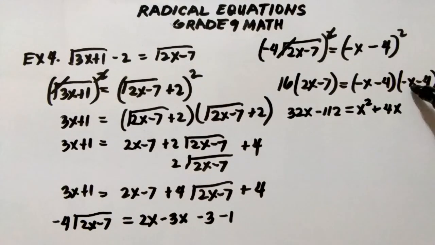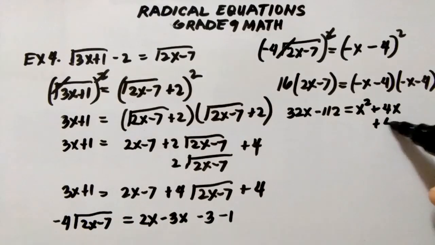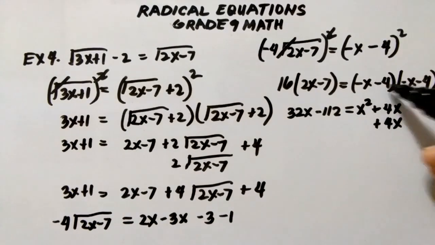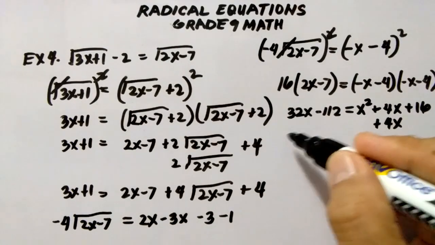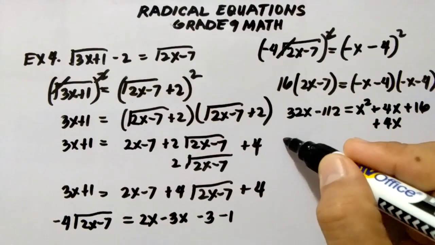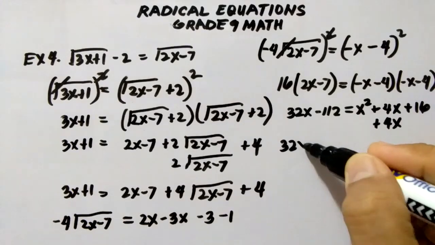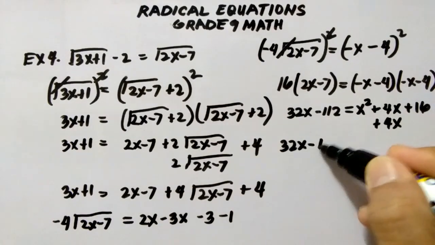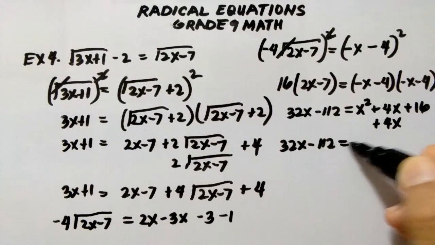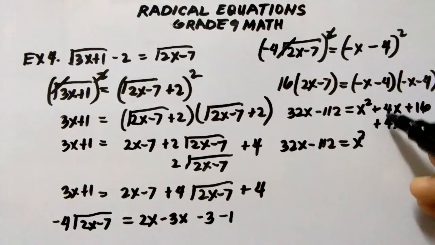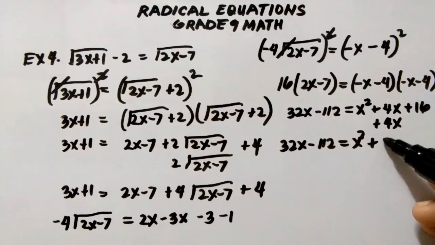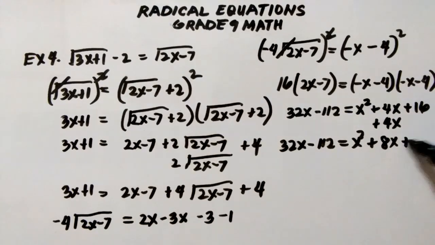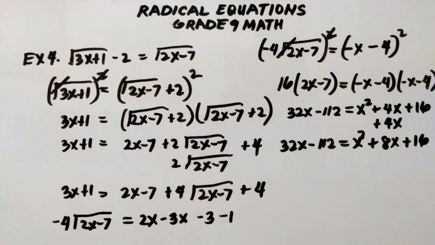Then, negative 4 times negative x, that is positive 4x. Then, negative 4 times negative 4, that is positive 16. Then, so we have 32x minus 112 is equals to x squared plus, okay, combining like terms, 4 plus 4, that is 8x plus 16.